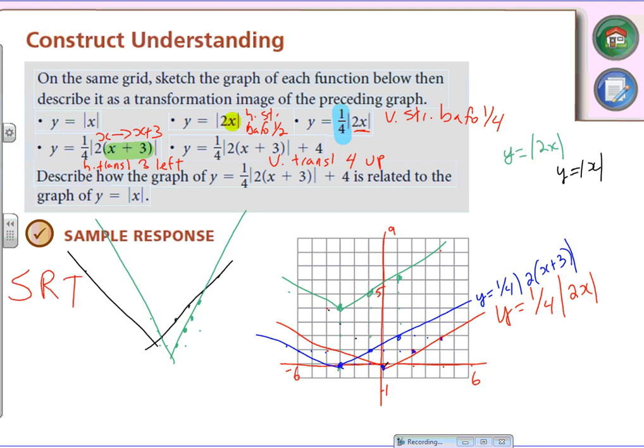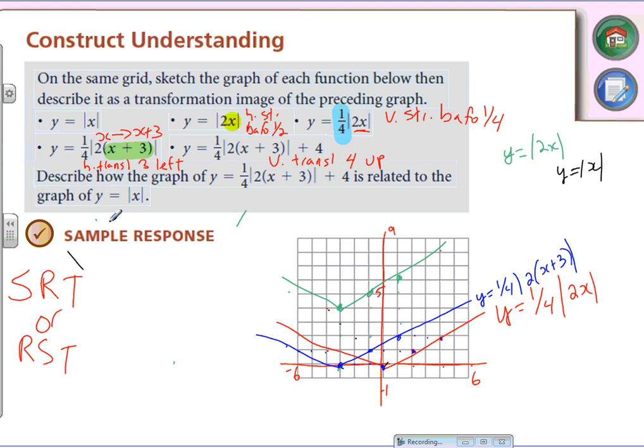Stretch, reflect, translate. Or, hey, you know what? You can make sure your hair looks good first, and then stretch, and then go run around. So you can do R, S, T as well. Either of those two will work out. So let's label them, and let's write them down in that order. First thing, stretches.